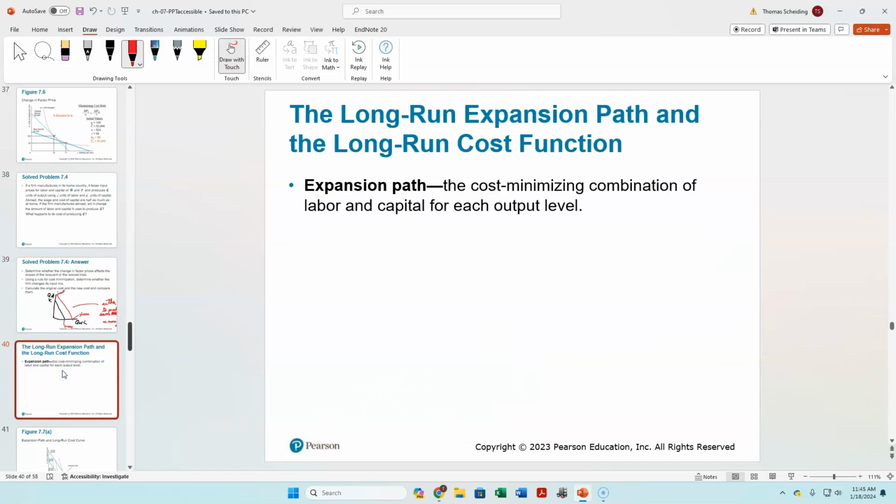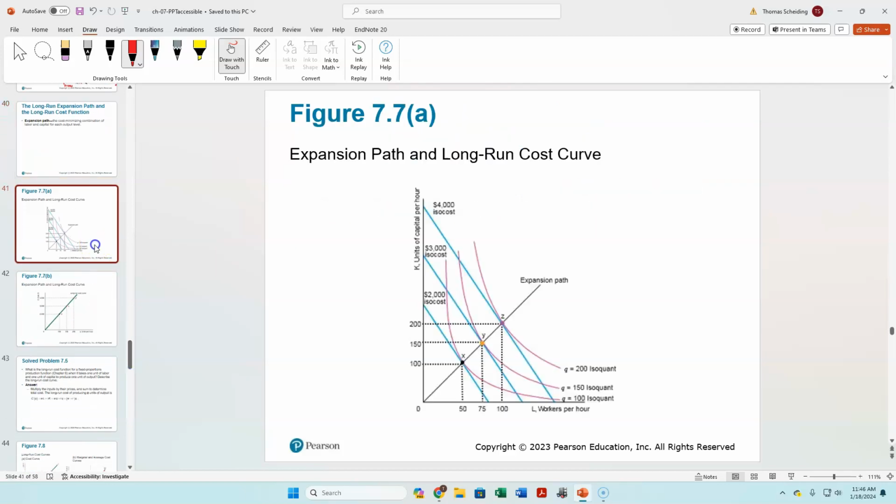And what this gives rise to is starting to look at the expansion path, which would give us a bit more detail about what's going on. It finds all the cost-minimizing combinations of labor and capital for each input level.